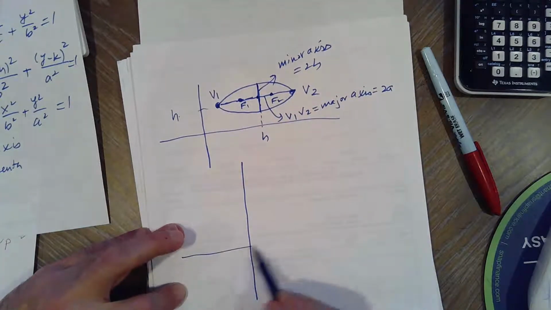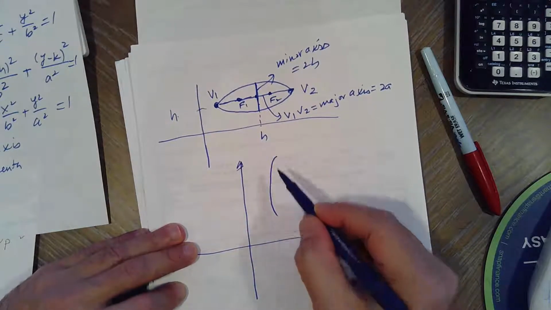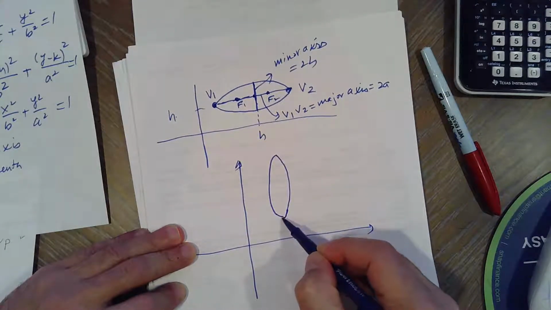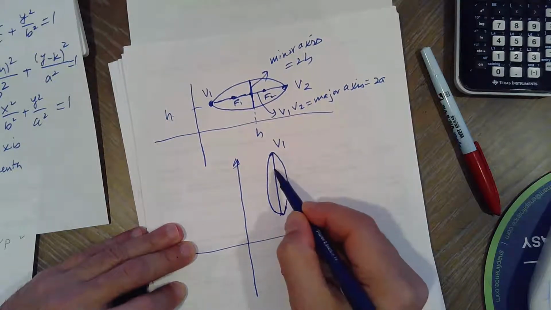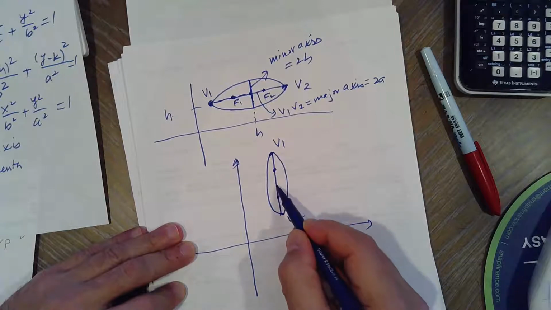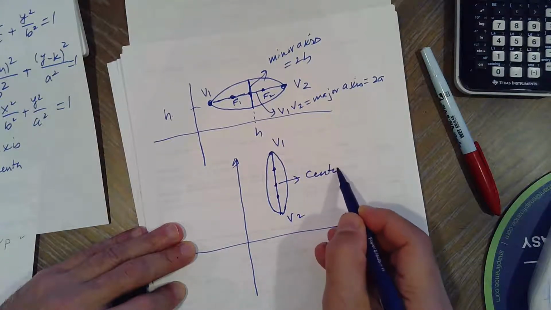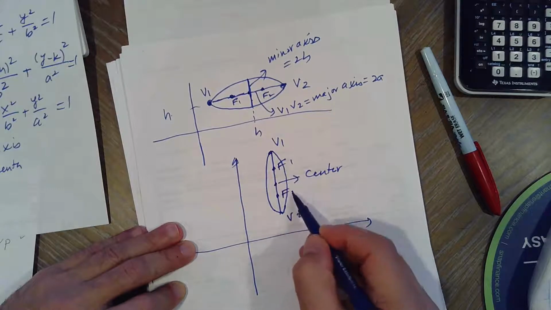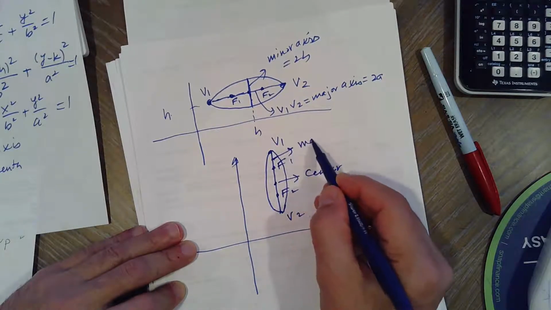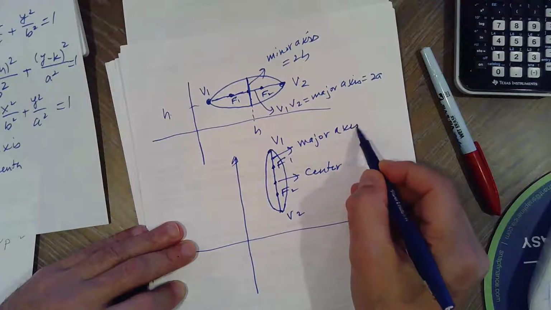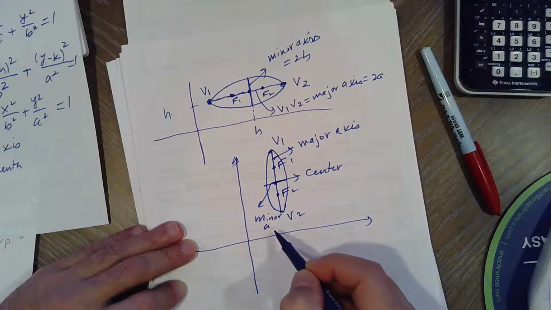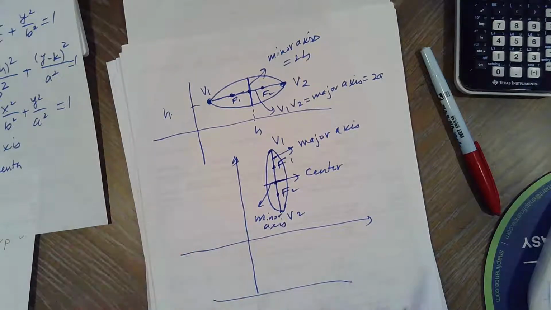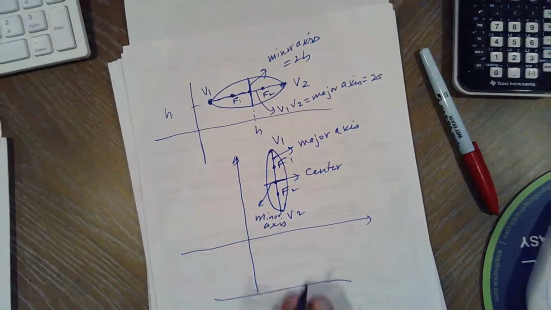Now it could be a vertical major axis, as we know. So V1, V2, this is the major axis, F1, F2, and this is the center. So the major axis is right there. It's always the bigger axis, and there's the minor axis. And their lengths are always 2a and 2b. Okay? So we can understand that better.